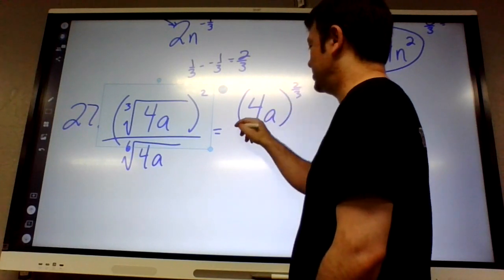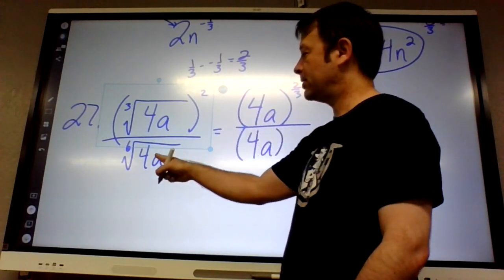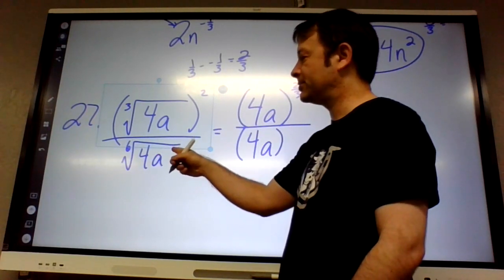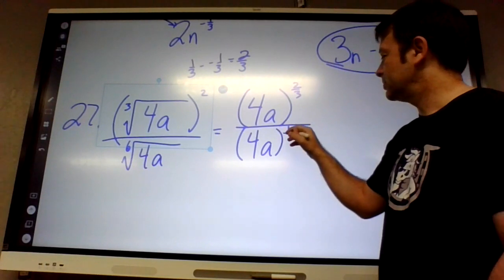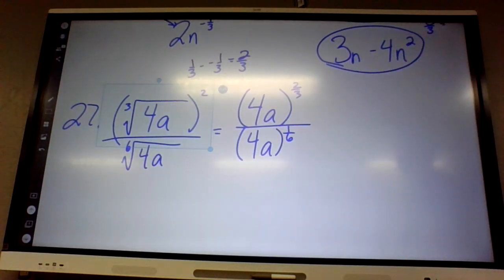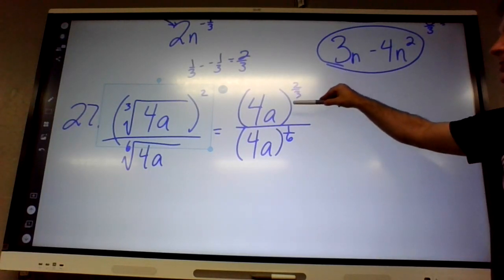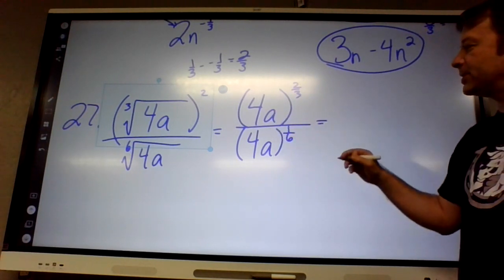And the bottom is 4a to the what power? It's the first power because there's no exponent over there. Well, that's kind of what you missed yesterday, Lydia, the exponent thing. So anyway, now that I have them both in rational exponents, and they're the same thing, how do I put these together?